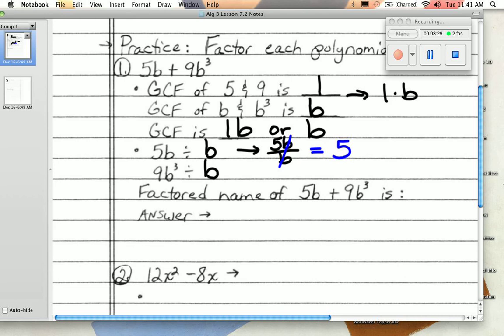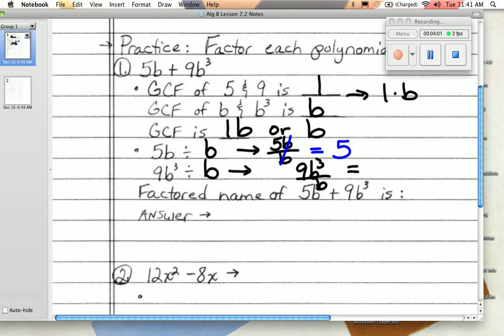Well, 9b cubed divided by b can be written like this. We need to subtract. What do we do with the exponents when we divide b's? We got 3 of them upstairs and 1 downstairs. 3 take away 1 is 2.